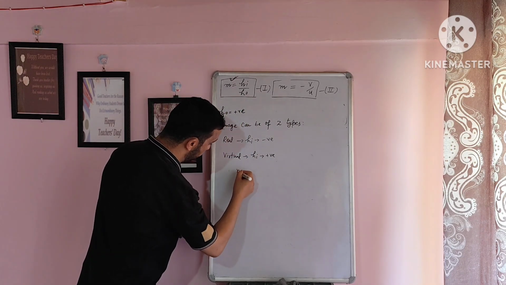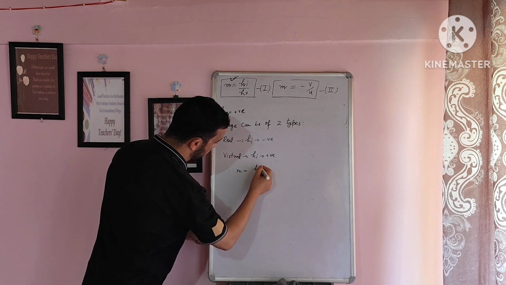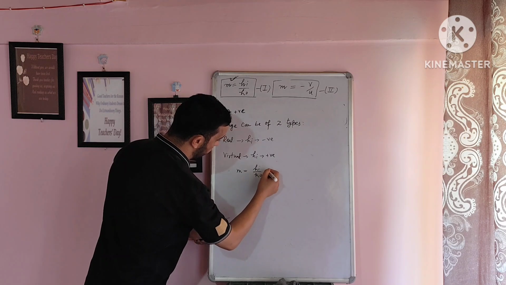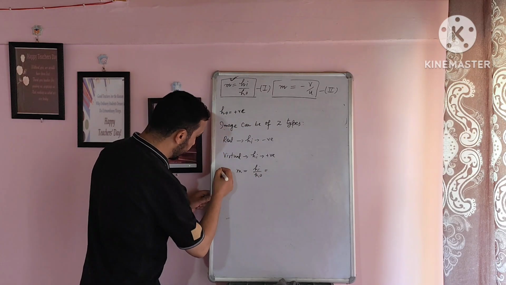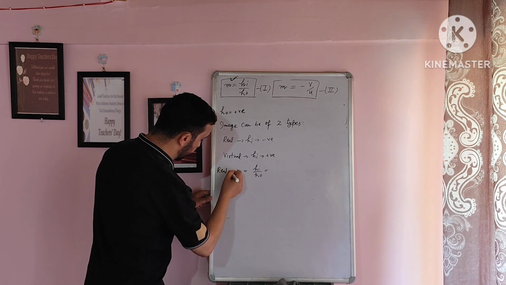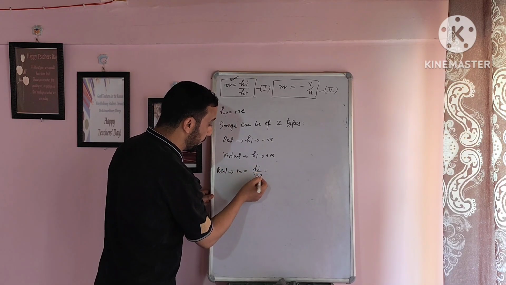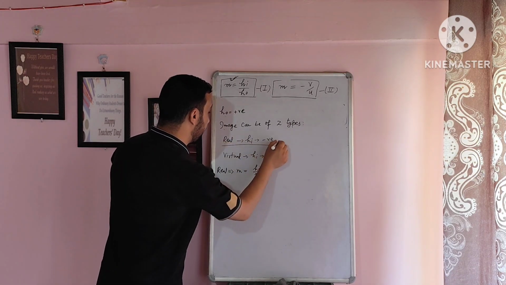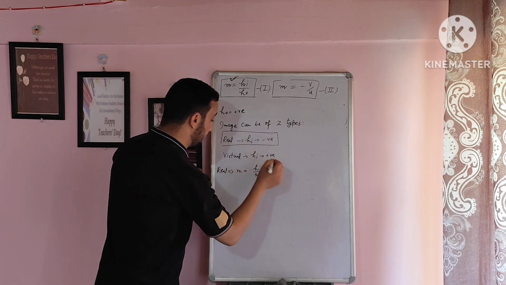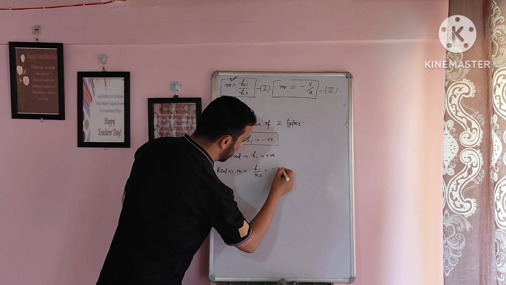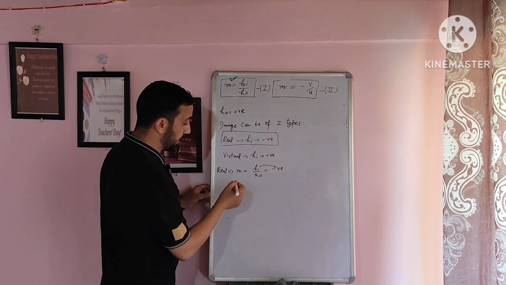So applying these two things over equation number first, we can have the magnification like this. M equals Hi upon Ho. For the real case, Hi equals negative, so this will be negative.